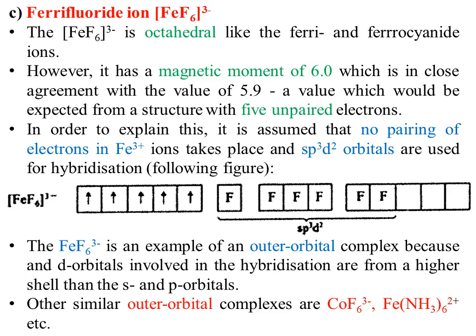So it means hexafluoroferrate is an example of outer orbital complex because d orbitals involved in the hybridization are from a higher subshell than that of s and p. Other examples of outer orbital complexes are hexafluorocobaltate, hexaamine iron, and etc.